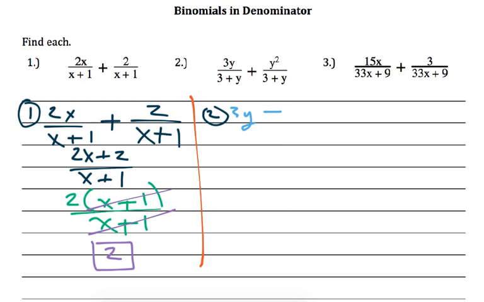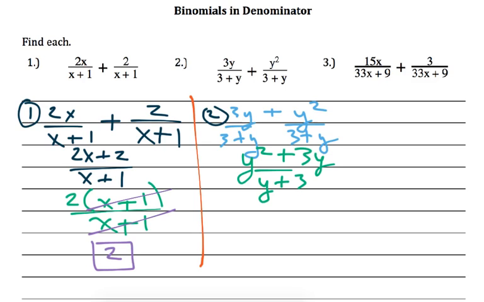3y plus y squared is over 3 plus y. Now, we like things in descending order, but since these match up, it's y plus 3 either way. I'm going to write the denominator as y plus 3. But then I'm going to combine these, and since they're both addition, I don't have to worry about moving negatives or anything. So here's y squared plus 3y.